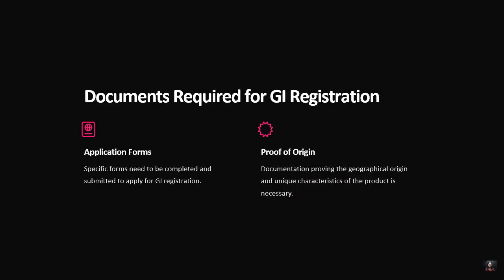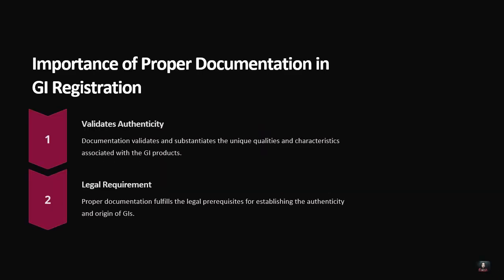The documents required for GI registration. Application forms: specific forms need to be completed and submitted to apply for GI registration. Proof of origin: documentation proving the geographical origin and unique characteristics of the product is necessary. Next, let us know the importance of proper documentation in GI registration that validates authenticity.